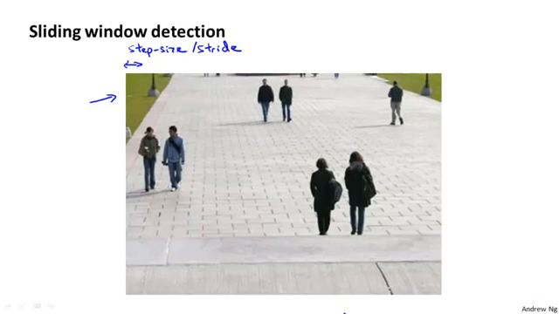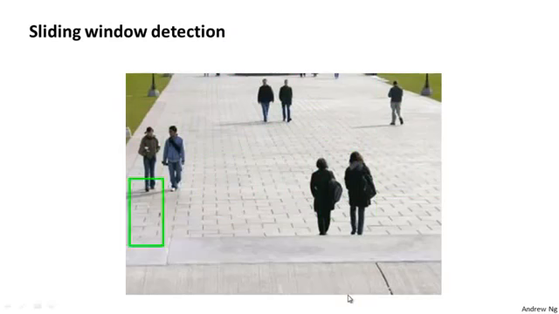Now, that was a pretty small rectangle that would only detect pedestrians of one specific size. What we do next is then start to look at larger image patches. So now let's take larger image patches like those shown here and run those through the classifier as well. And by the way, when I say take a larger image patch, what I really mean is when you take an image patch like this, what you're really doing is taking that image patch and resizing it down to 82 by 36, say.